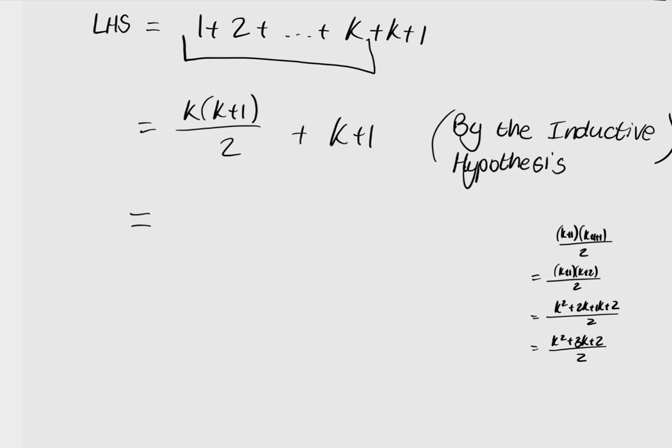Sorry, I was interrupted. You're trying to get an expression here from there. So let's firstly put everything over a common denominator. As we see here, everything's over a common denominator. So you're going to say k times (k plus 1) plus 2 times (k plus 1), all over 2.